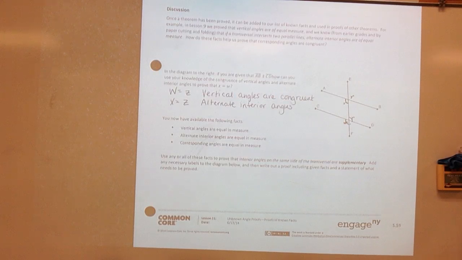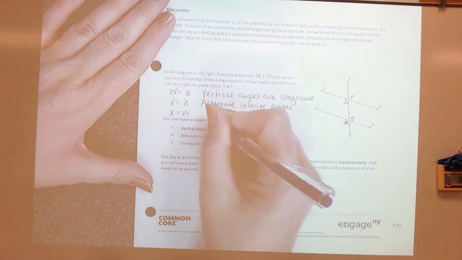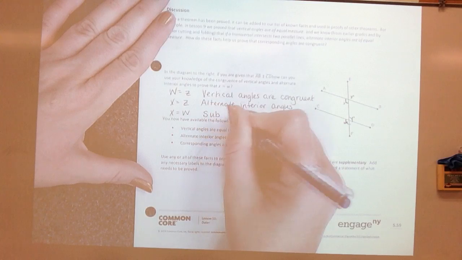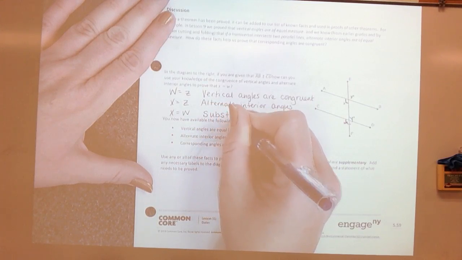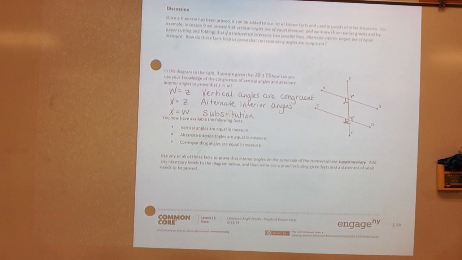Alright? So now, if I know that W is equal to Z and X is equal to Z, the transitive property tells me that X is equal to W. And I can say that is by substitution. Or if you want to look at it as the transitive property. Alright?